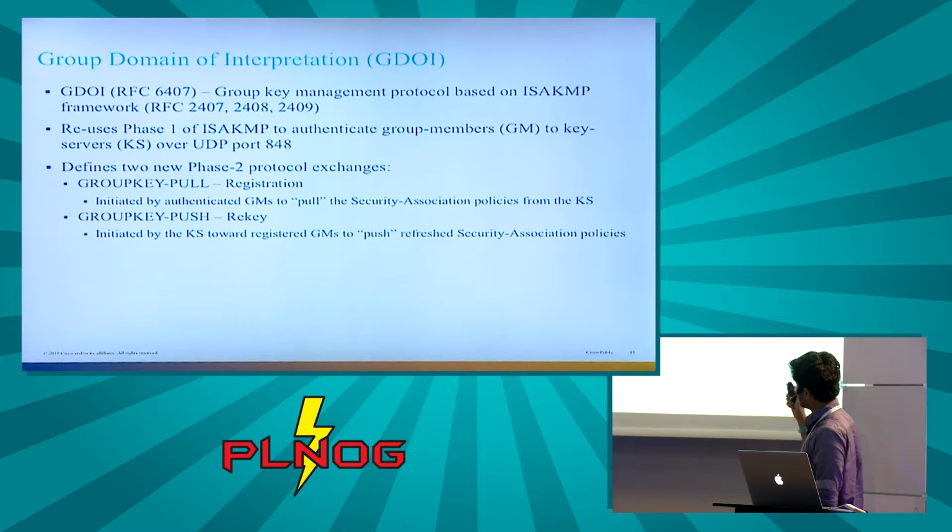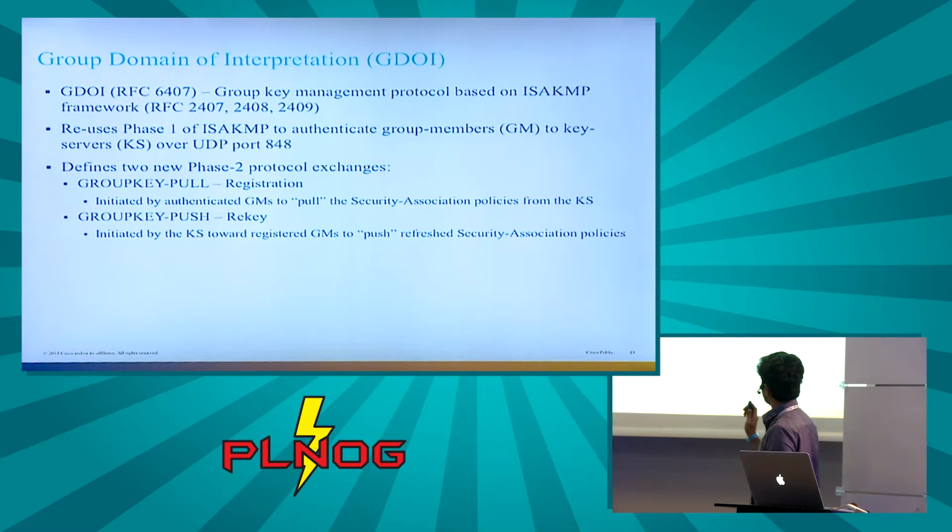The first one is, once the group member authenticates to the key server, we perform something called registration. It's initiated by the group member. It says which group it wants to join and gets the key from the key server. Hence, it's known as a pull, because the group member pulls the key from the key server.